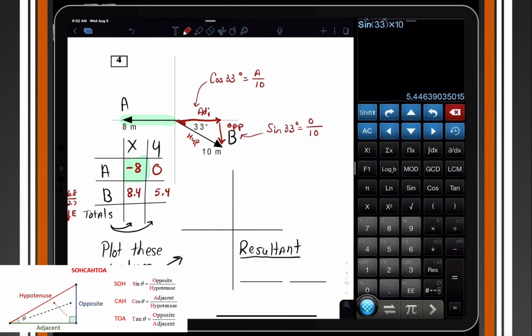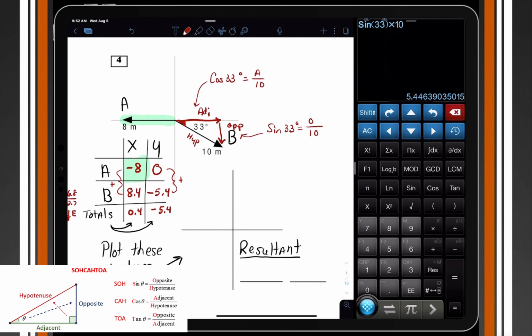But that's pointing downwards, so that has to be a negative value here. Now, when you add up these values right here, you end up with negative 5.4. And then for the x value, when we add these two numbers up, you end up with 0.4.